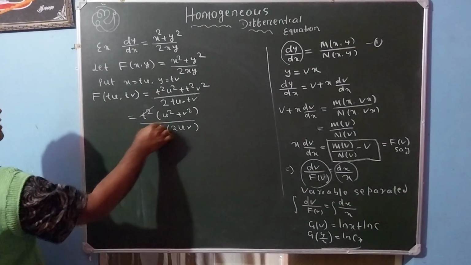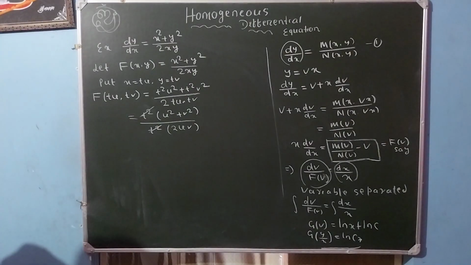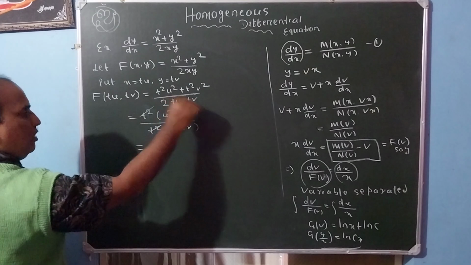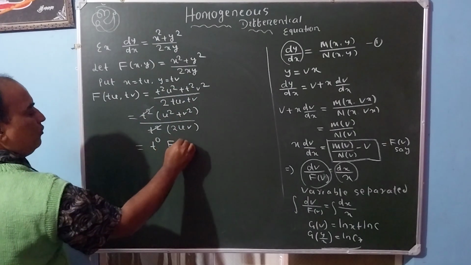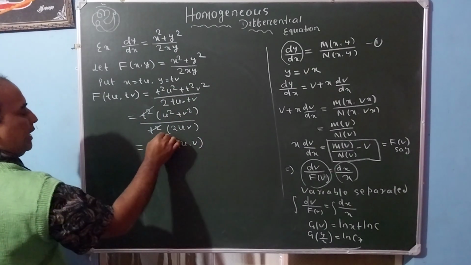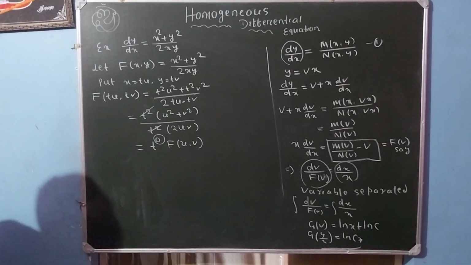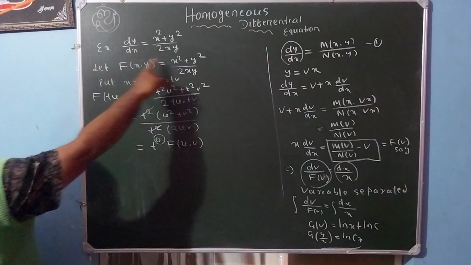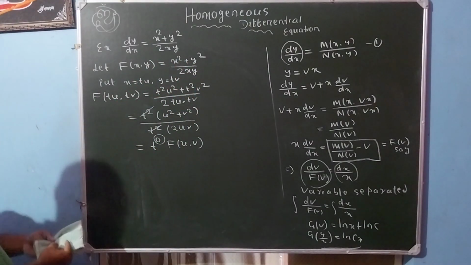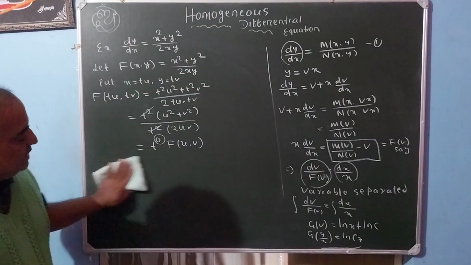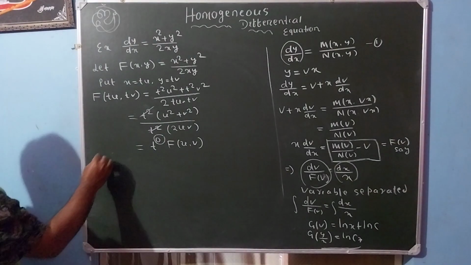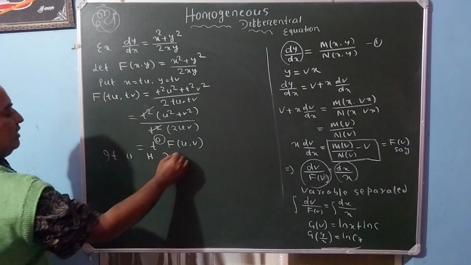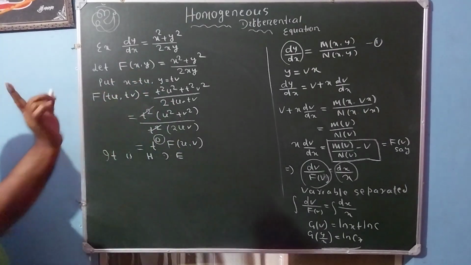Always the power of t square cancelled on numerator and denominator. So this can be written as t to the power 0 times a function of u, v. Homogeneous differential equation degree is always 0. So it is clearly a homogeneous differential equation. Write down, it is HDE. The first step has already been completed.